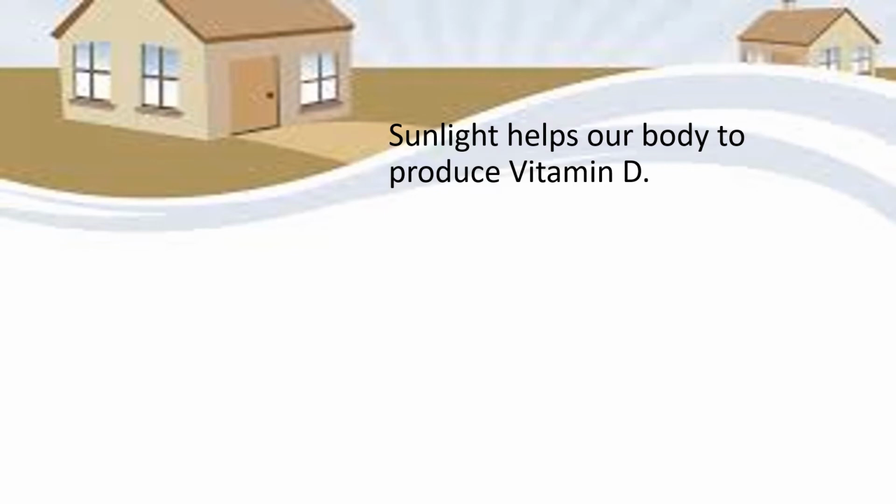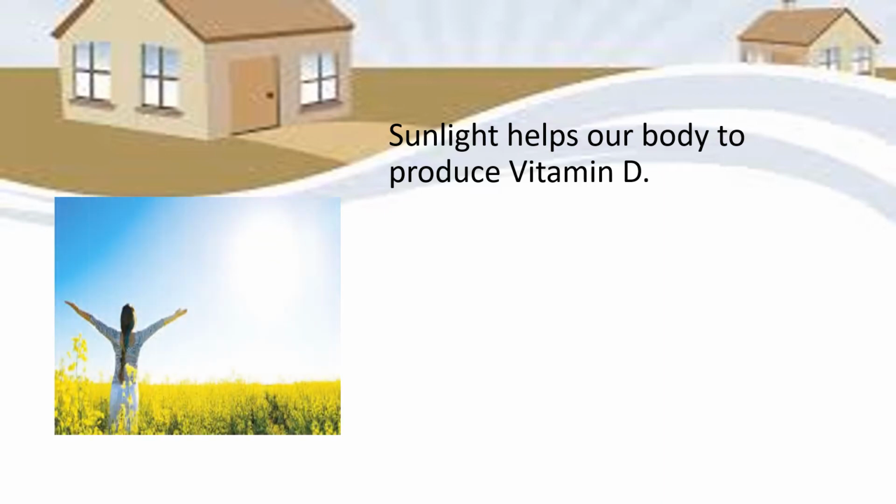See, children, sunlight helps our body to produce vitamin D. So, if we are getting proper sunlight, our body can produce vitamin D, which is very important for our body.